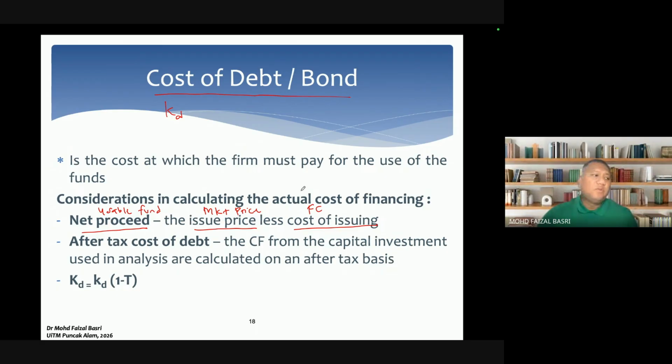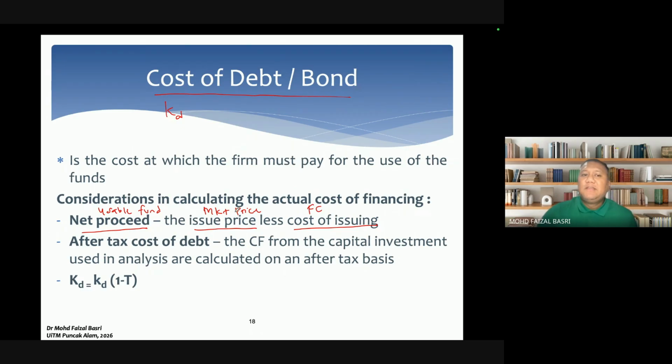Okay, so even though we don't borrow from the bank, the arranger untuk bond ni selalunya dibuat oleh the investment bank, and we have to pay them fees. Okay, kita kena bayar dia some service charge lah ataupun service fees. So ada portion from our proceeds tu kita kena bayar kepada issuer. Okay, so that's why kita ada cost kat sini.